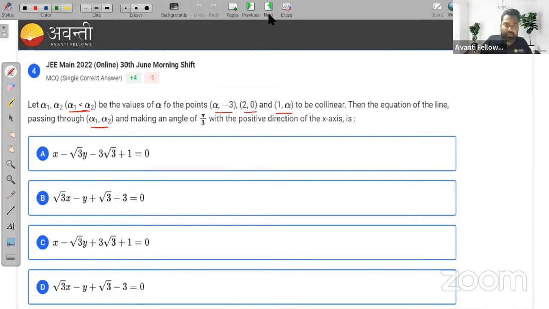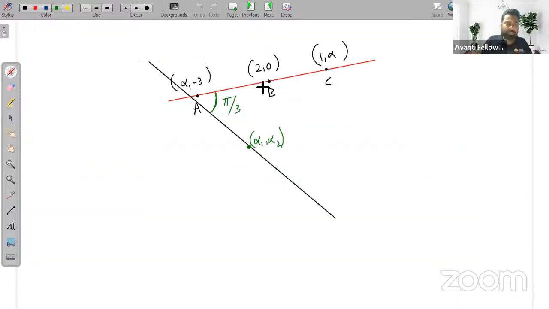So simple thing, you can see how we can find alpha 1 and alpha 2. First thing, we know AB and BC are collinear. So that means the points A, B, and C are collinear.